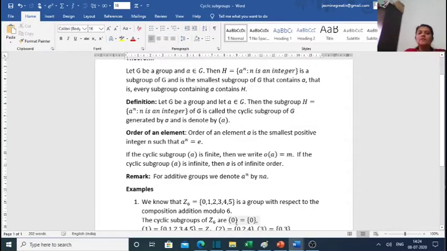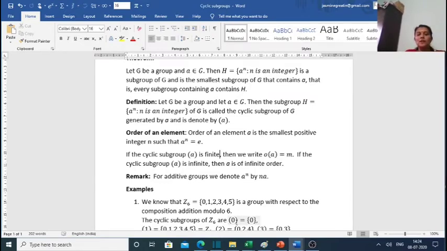Next, the definition of the cyclic subgroup. We have proved the theorem, and in that theorem the set H is defined. Let G be a group and a an element of G. H equal to a raised to n, such that n is an element of Z, is called the cyclic subgroup of G generated by a and is denoted by angle bracket a.